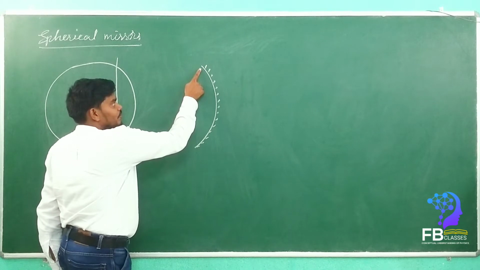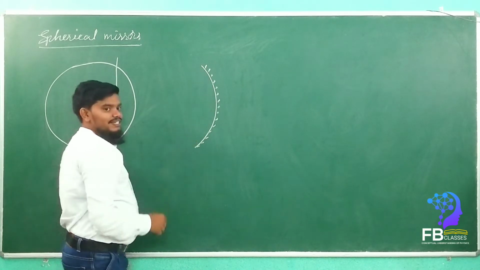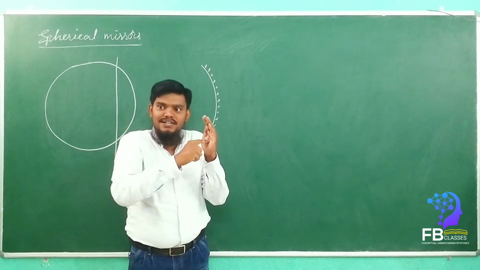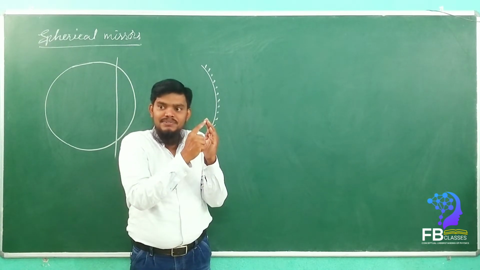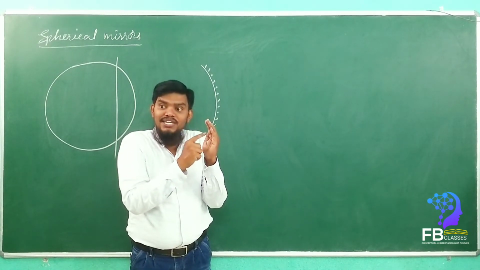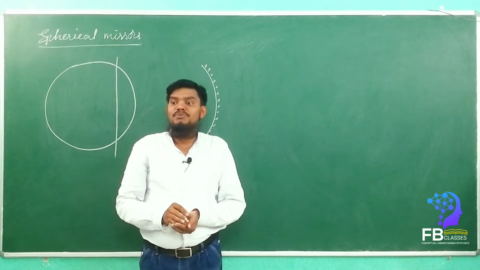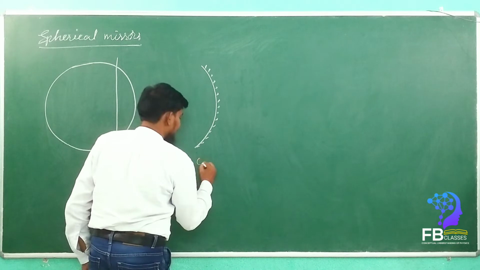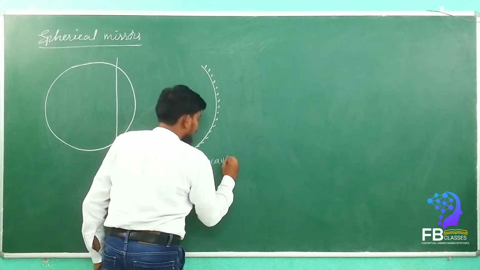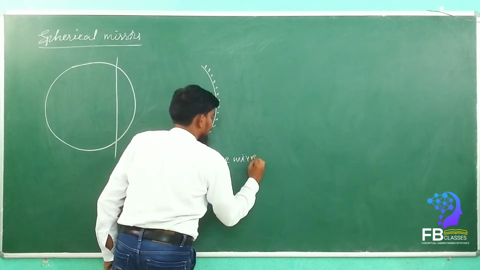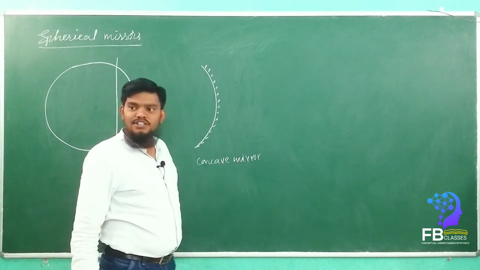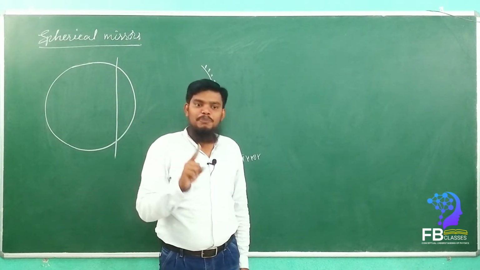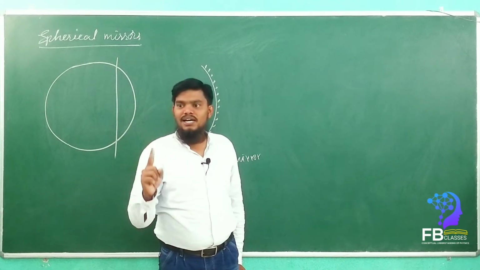So if the reflecting surface is a depression, a depressed side, then that mirror we call a concave mirror. How can you say that it is a concave mirror? If the reflecting surface is a depressed surface, then we call it a concave mirror.